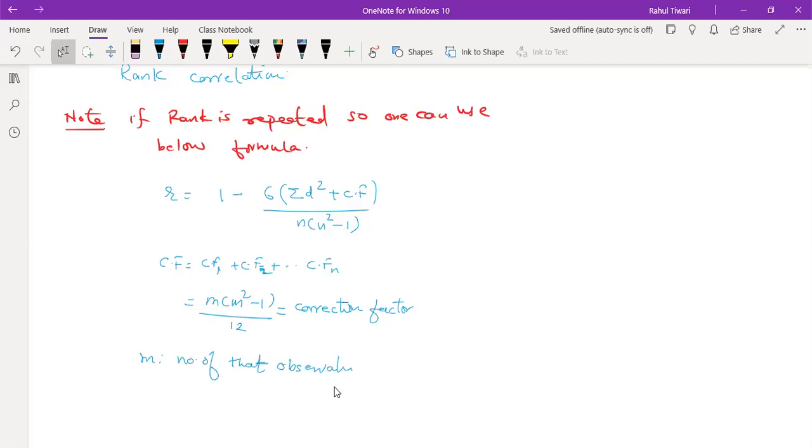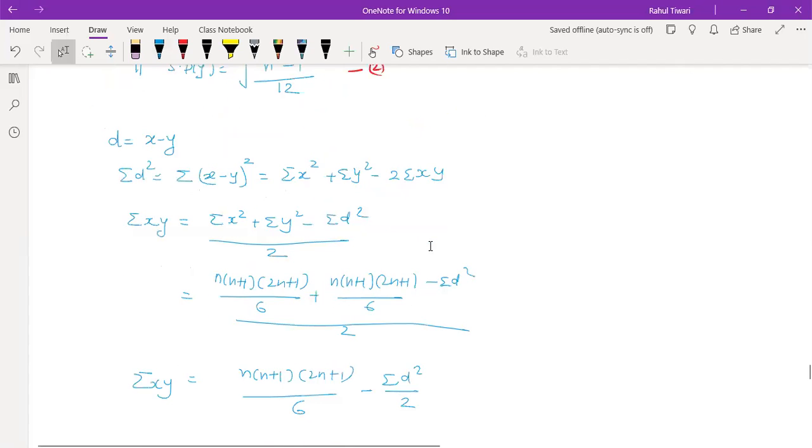There will be no specific derivation for this, but just try to understand how this particular formula works. Let us see one example, and you will understand how this works.